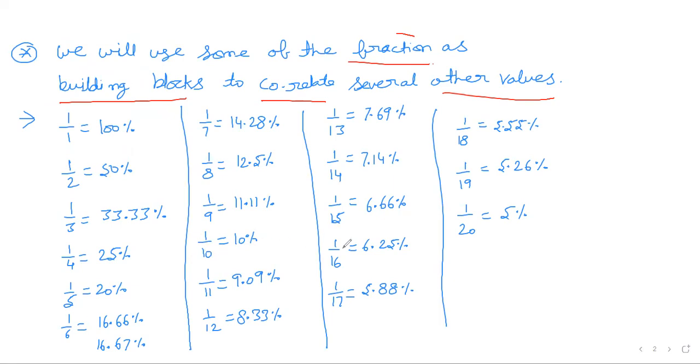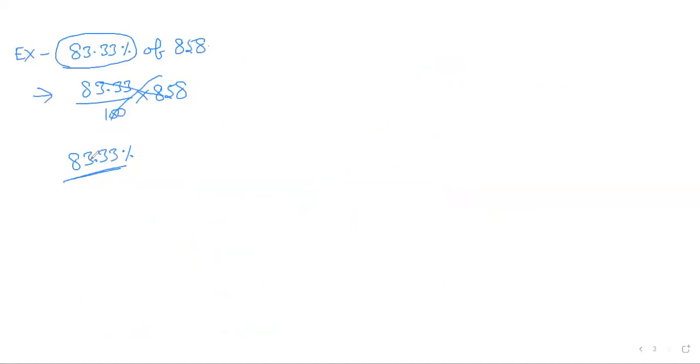So just try to find out what should I do? How can I get it? At first glance, you will face some difficulties, but if you do more practice, then you'll simply figure out that if I multiply with 5, then I'll definitely get the asked percentage, right?